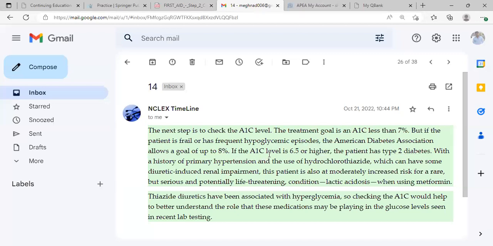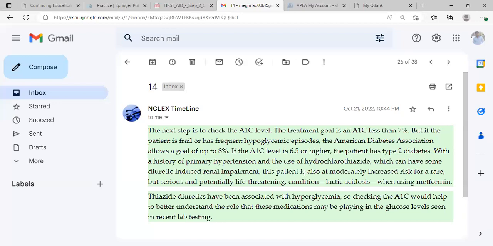So if hemoglobin A1C level is 6.5 or higher, the patient has type 2 diabetes, with a history of primary hypertension and the use of hydrochlorothiazide, a diuretic, which can cause some diuretic-induced renal impairment.